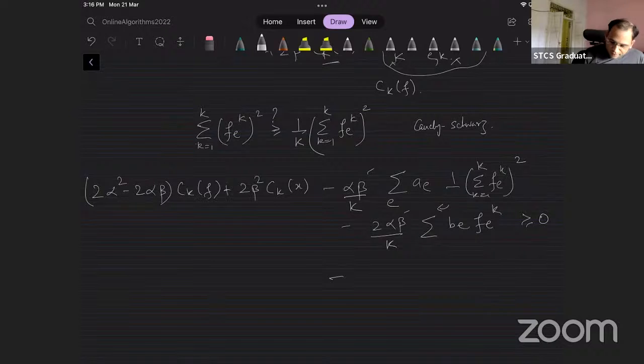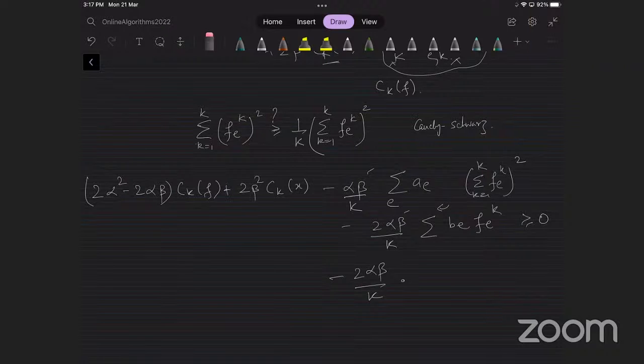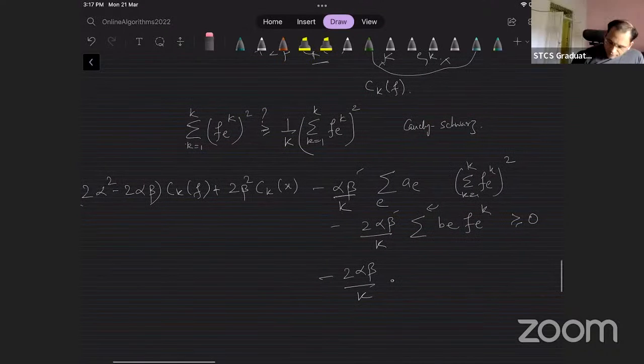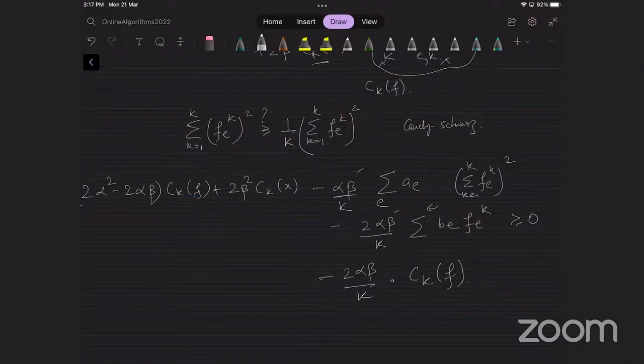I want to write this as minus 2 alpha beta by K times something. What is that something? If you've been paying attention, you should be able to see. CK of F. CK of F, is that correct? Are you sure?